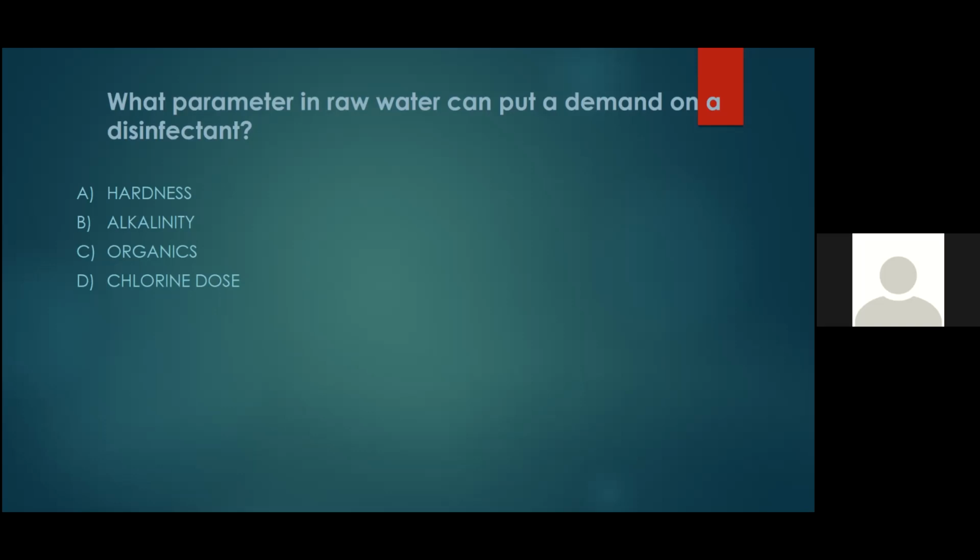So one good thing is if I have more color, I tend to have more organics, and that's always a good test if you do a color test at all. Usually if there's more color, there's more organics. Not necessarily turbidity, but I find color is your best feature when it comes to dealing with that.